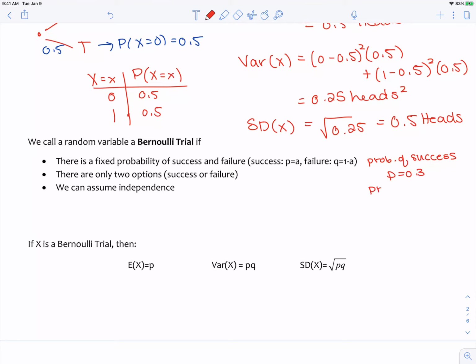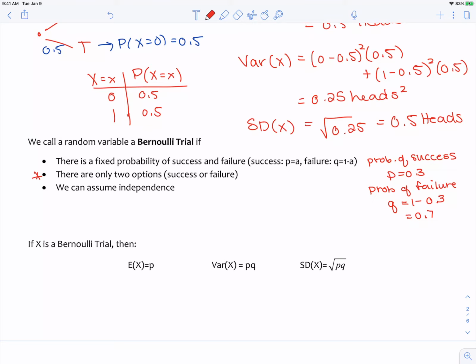Then the probability of failure we name Q, and it's equal to 1 minus the probability of success. So in this case, it would be 1 minus 0.3, which would be 0.7. Now notice these are just complementary pairs because we can only have 2 possibilities, either success or failure. So our probabilities must be complements since we only have 2 possible outcomes.